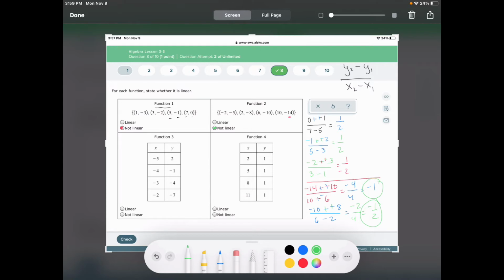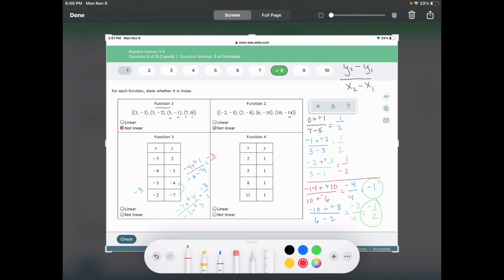Right here, I'm just going to do my slope this direction. So I have negative 7 minus negative 4 over negative 2 minus negative 3. It's negative 3 over 1, or negative 3. Then I'm going to do negative 4 minus negative 1 over negative 3 minus negative 4.